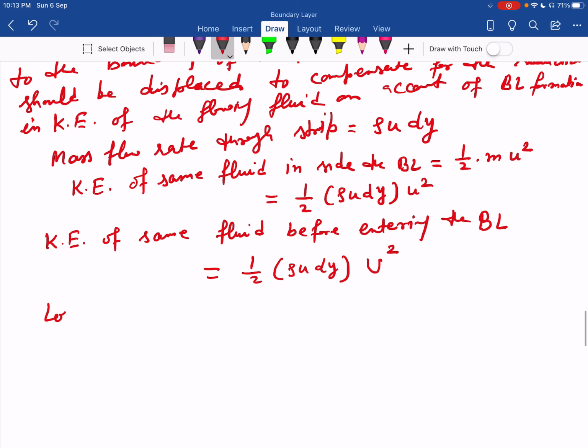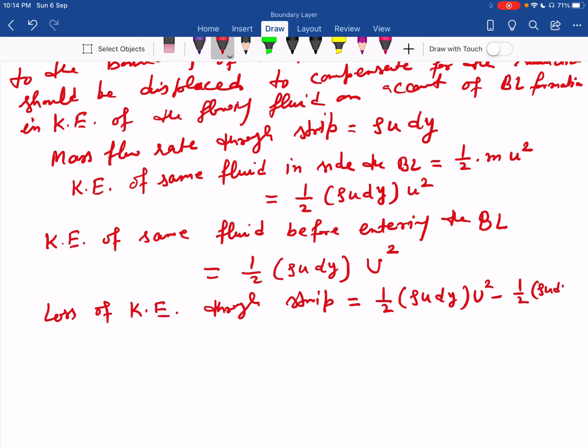So now you can write the loss of kinetic energy through the strip, that is equal to 1 by 2 rho u dy into U square minus 1 by 2 rho u dy into u square, and this is equal to 1 by 2 rho u into (U square minus small u square) dy.